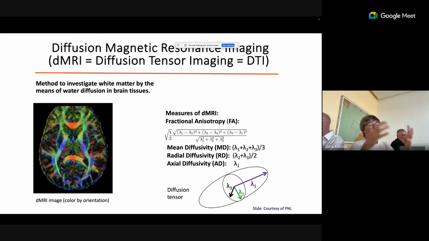And then a measure of how big the ellipsoid or the tensor is, is mean diffusivity, which is lambda 1 plus lambda 2 plus lambda 3, divided by 3. The most important measure is the fractional anisotropy. That's quite complex. Okay. I accept it as it is, and that's fine with me.